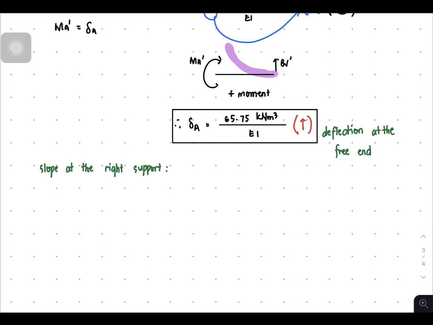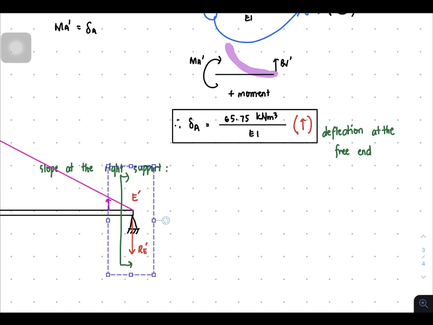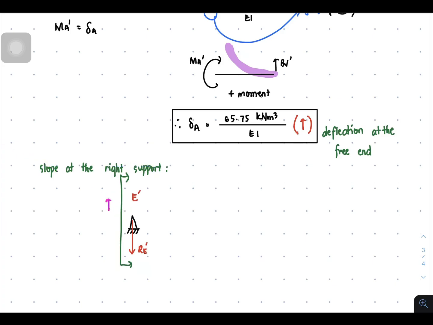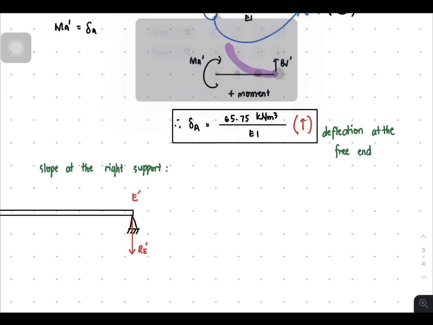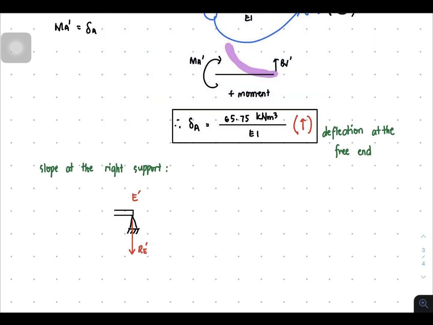Slope at the right support. Paste here. Erase this portion lang. This one and this, and also that one. Then I'll leave a length para sa ato ang slope, and then I'll erase this everything.